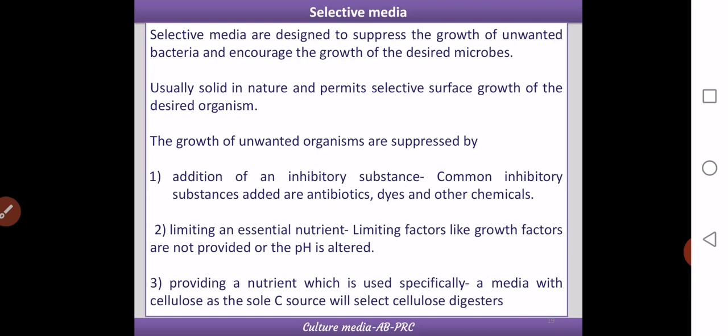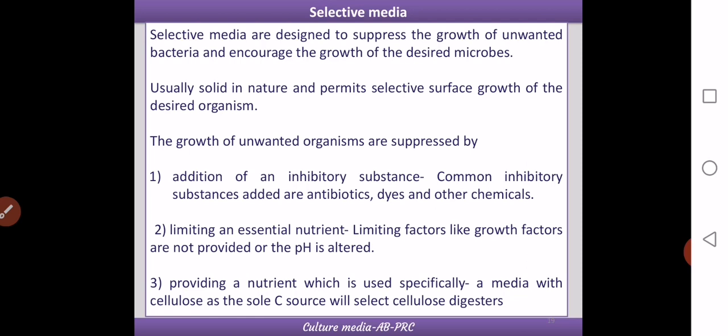Even otherwise you can choose an altered pH. That means if you want to isolate a bacteria which can grow at alkaline pH, then the pH of the media is kept at a very high range, at alkaline range, so that only those which can survive at that high pH will remain in that media. All other organisms will not survive.